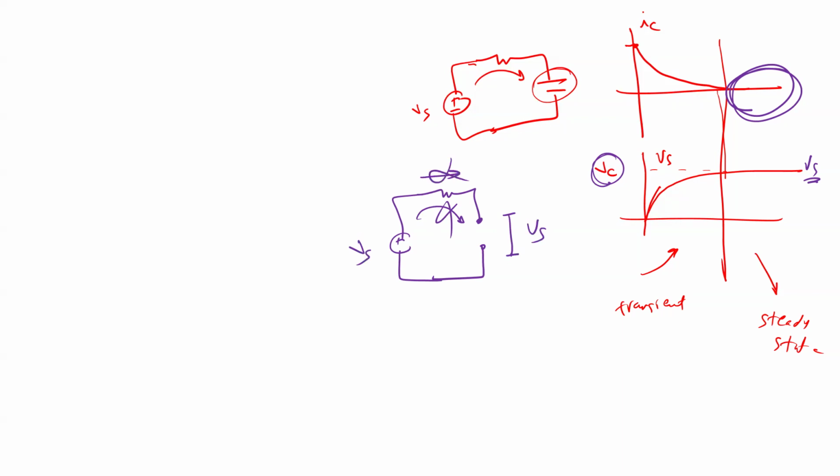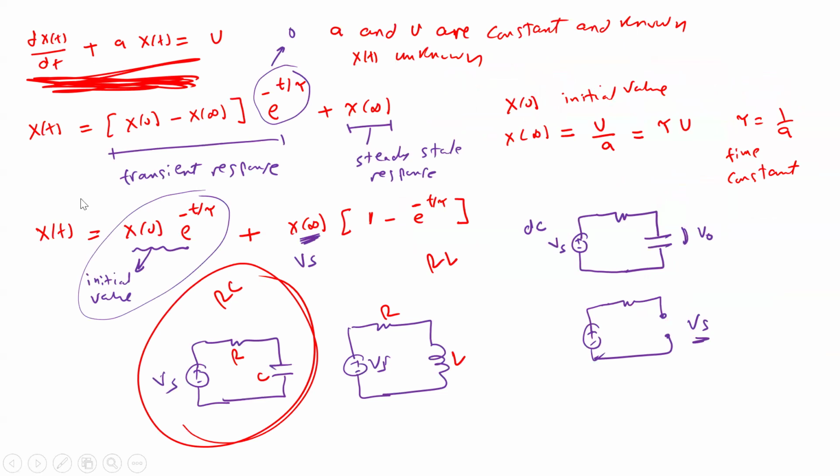Now I want to see the impact. I will give the equation for this case, which is similar to this one, but I just want to show what impact tau has, whether tau is large or small.